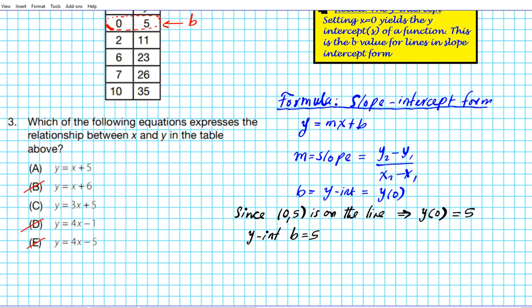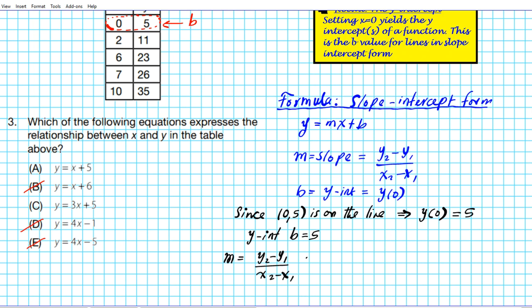What will help us find the final answer? It's going to be the slope. Alright? So m is y2 minus y1 divided by x2 minus x1. So we just need any pair of points here.